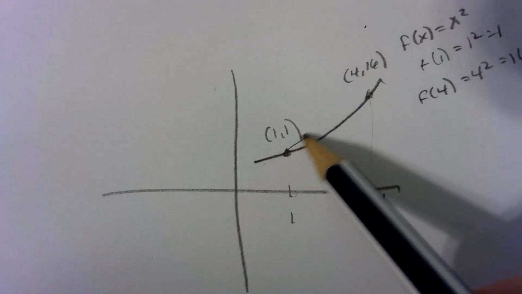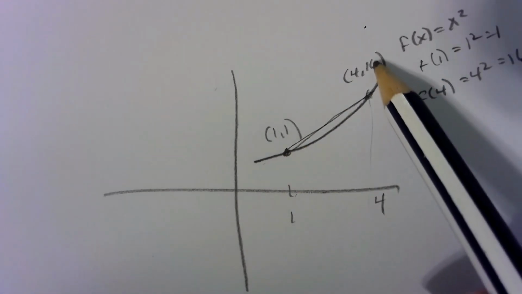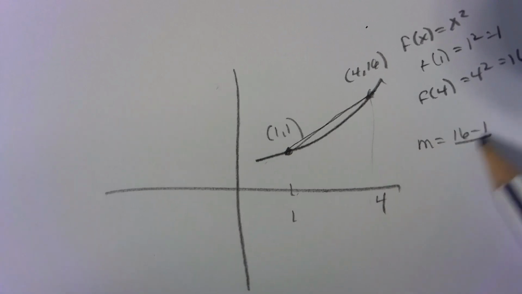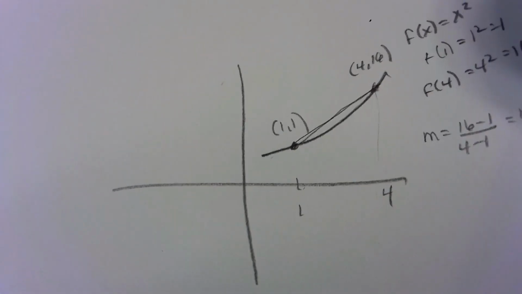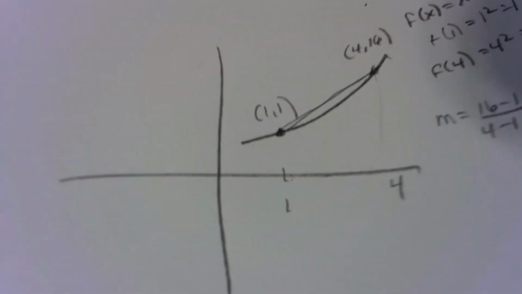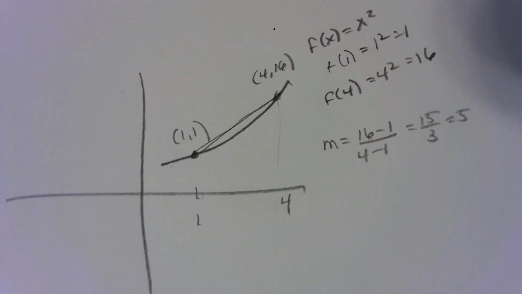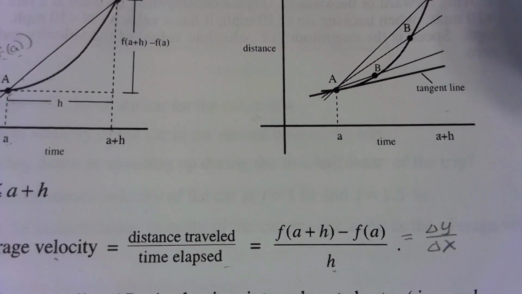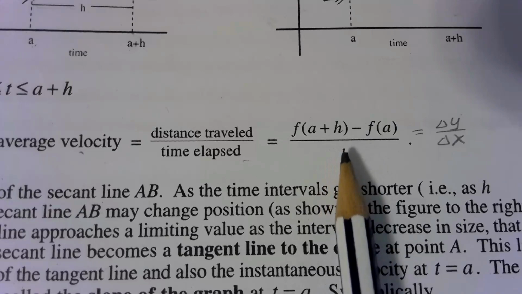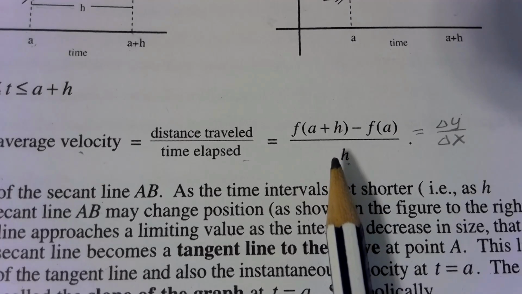Now if I wanted to find the slope of the secant line, I would say 16 minus 1 over 4 minus 1, which is 15 over 3, or 5. Right? The only difference between this and this is that this is in notation form. Okay?